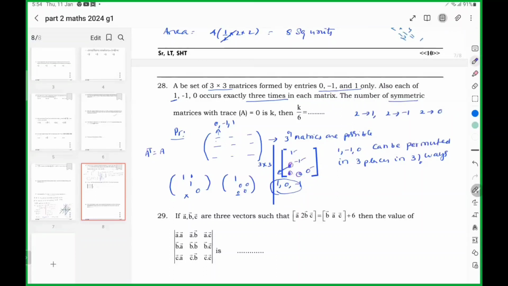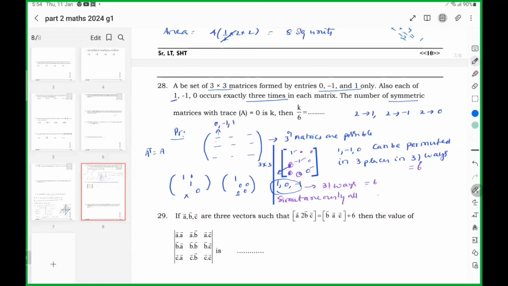These three entries in these three places can be permuted again 3 factorial ways. So whatever is here, here the same number you have to write. Now no more arrangement above the diagonal. Totally you have here 6, here 6.